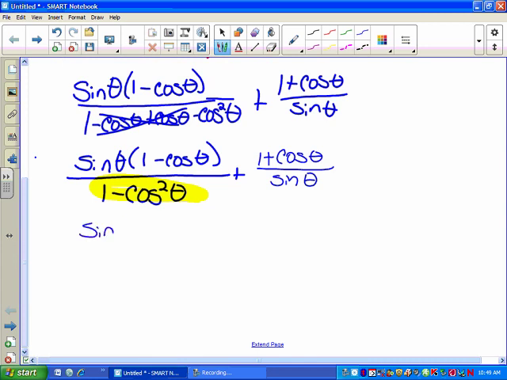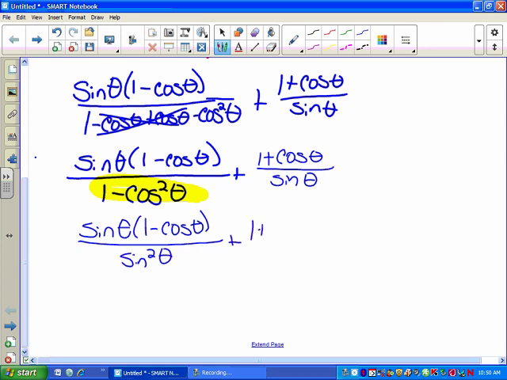Do you see that? So on the denominator here, instead of writing 1 minus cosine squared theta, I'm going to write sine squared theta.